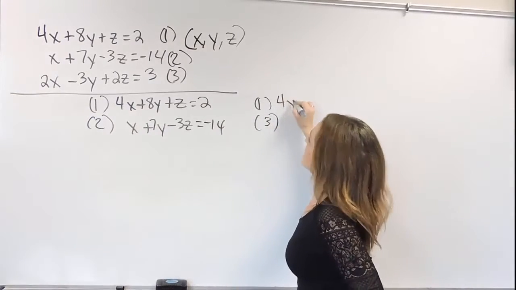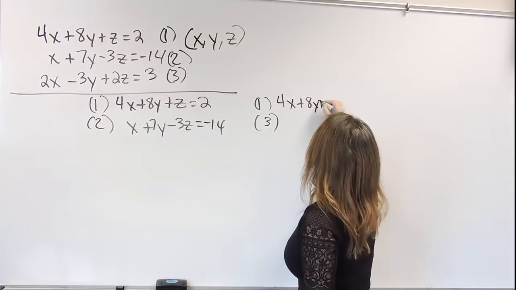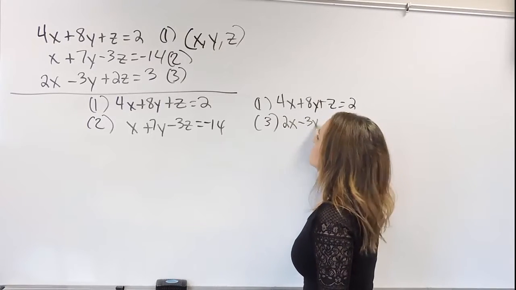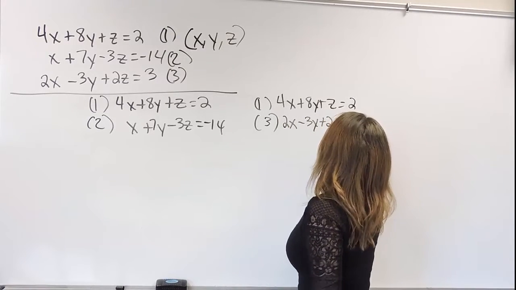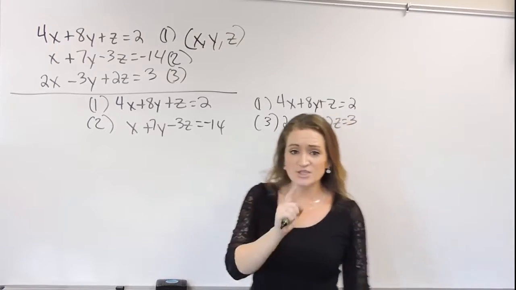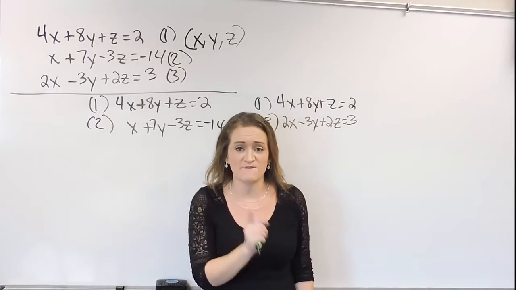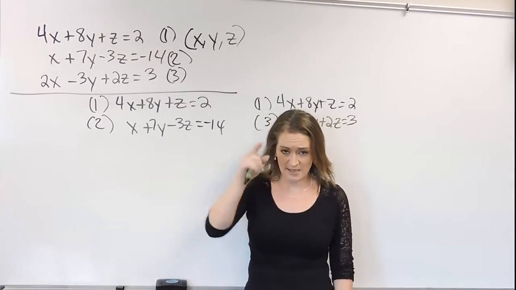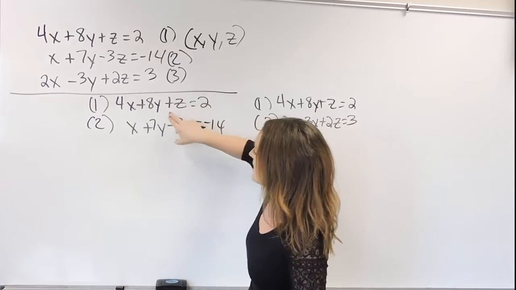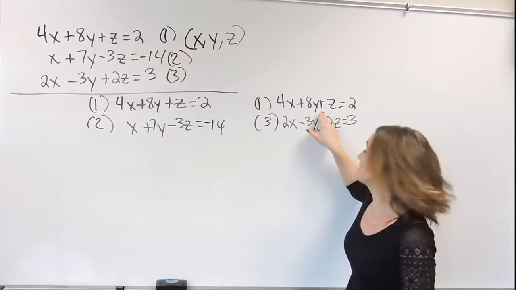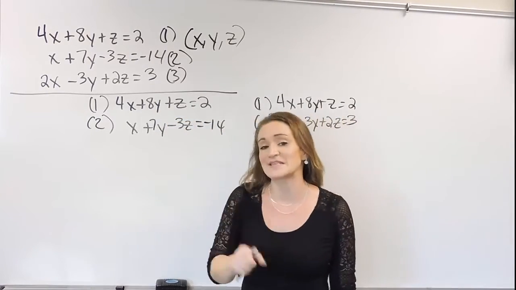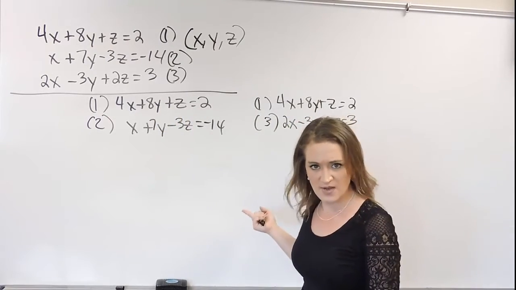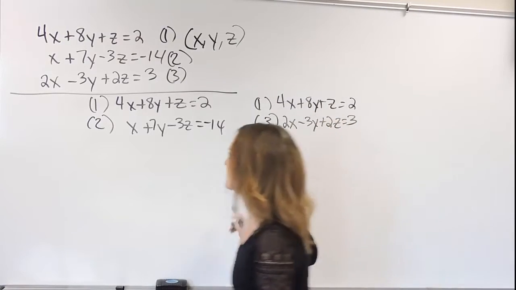Over here we have equation 1 and then equation 3. I'm going to start at the end and eliminate z's in both. It is important that you eliminate the same variable. Don't eliminate z here and then x over there.